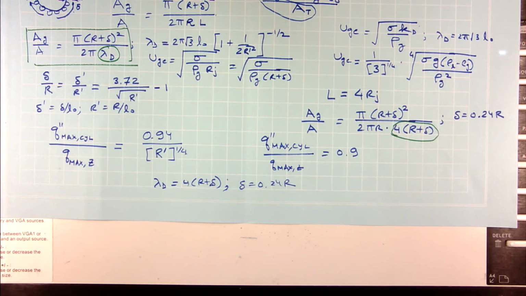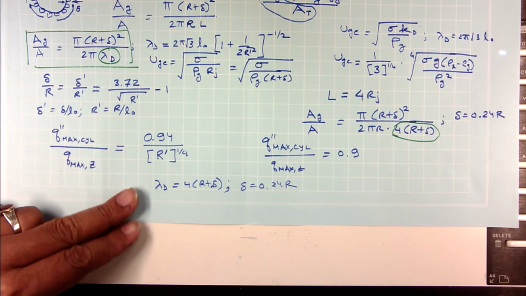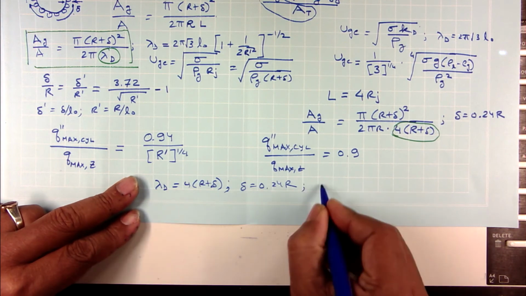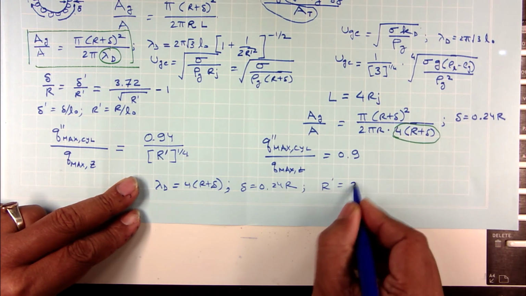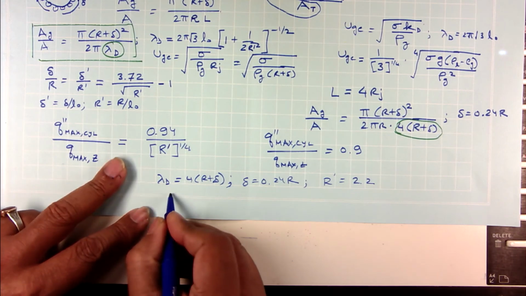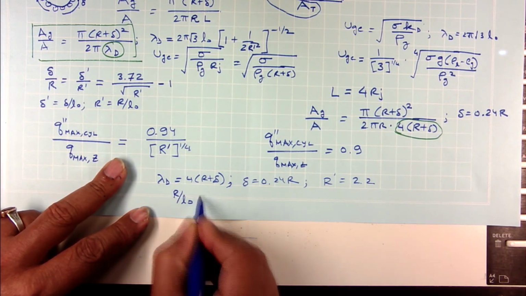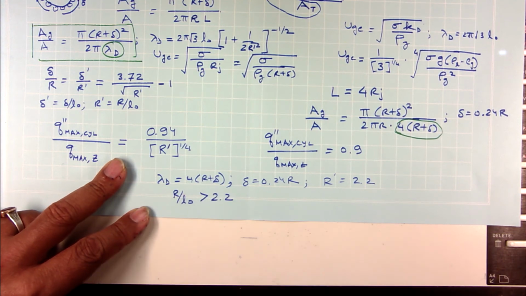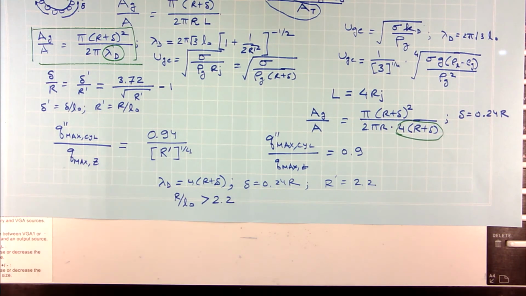So if I substitute all these values, what I get is a value of r prime that is equal to 2.2. Okay. So in other words, if your r by L naught is greater than 2.2, it is a large cylinder.